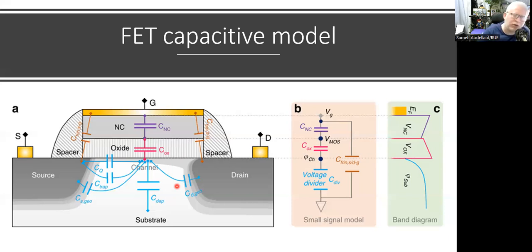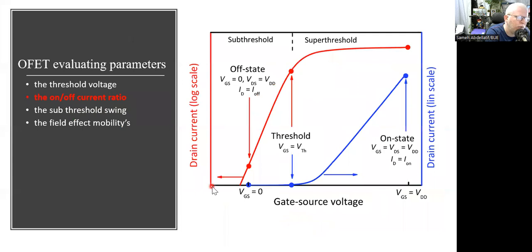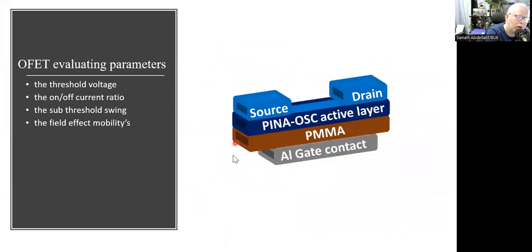Actually, it's not an electronics course, so we are not going to go into deep details about the capacitance model. I just give you a highlight about the existence of what we can call, between quotation marks, parasitic capacitance associated with your MOSFETs or your FETs. For example, this is a model for a MOSFET, but maybe your homework is to implement a similar model for our OFET using the same topology.